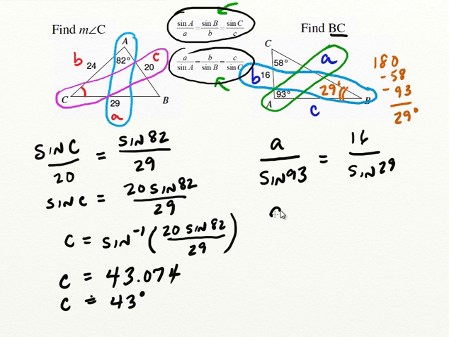Well, I think you can see that with one step, moving this sine 93 to the other side with multiplication, we can quickly come up with the value for A because we have been able to isolate A in one step. Okay, so really quick, when you organize your sine law this way, writing the unknown value first right up on top of the fraction.